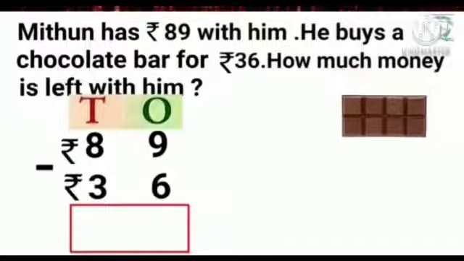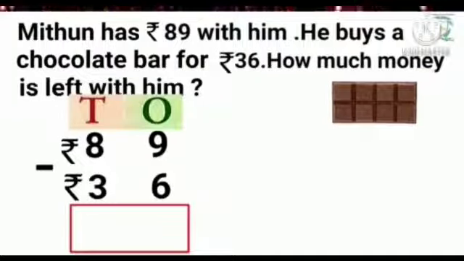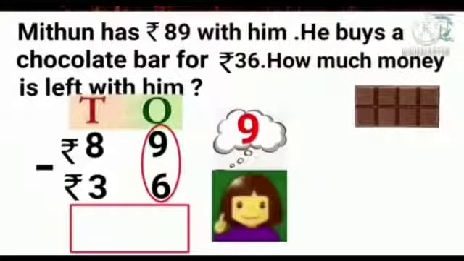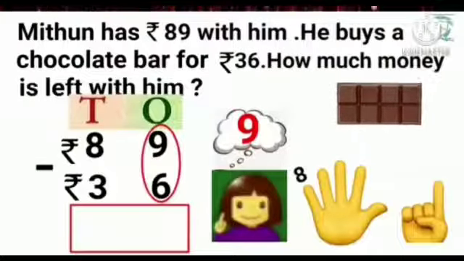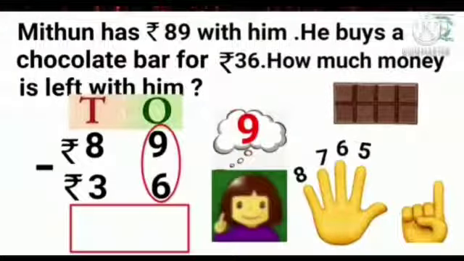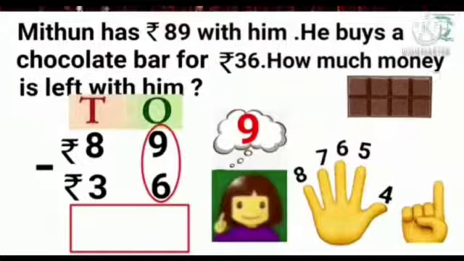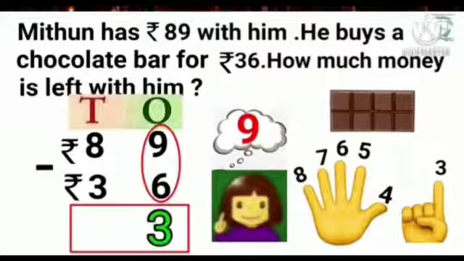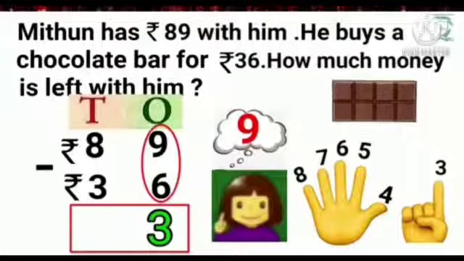First, we subtract the digits in the ones place. We subtract as 9 in the mind and 6 fingers up. Before 9 comes 8, 7, 6, 5, 4 and 3. We write 3 in the ones place.